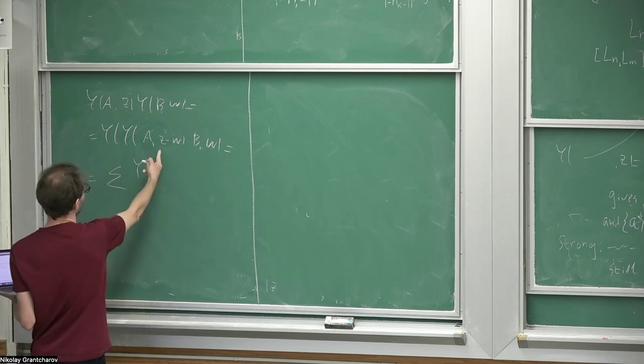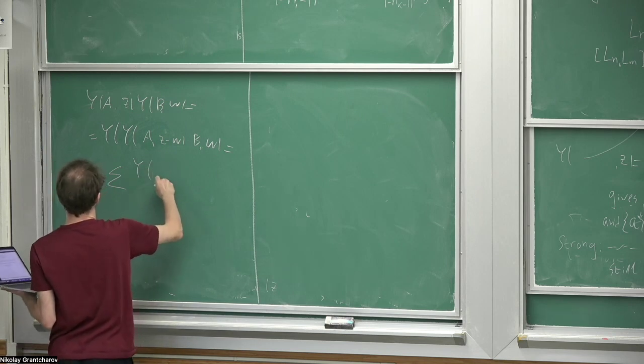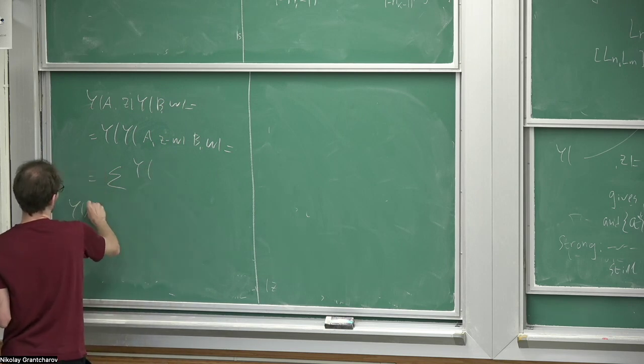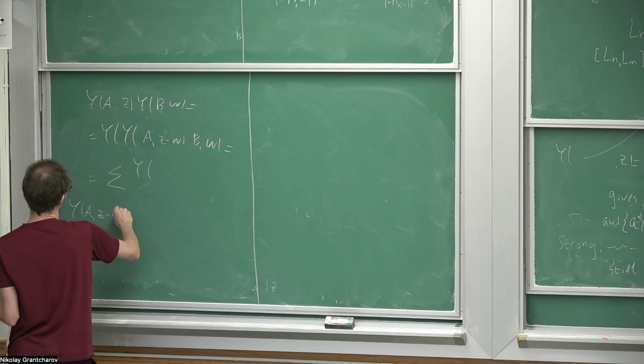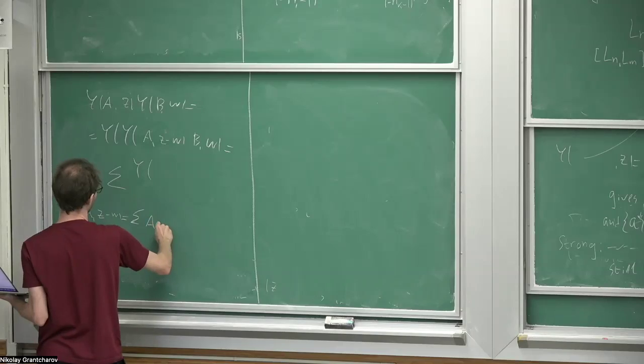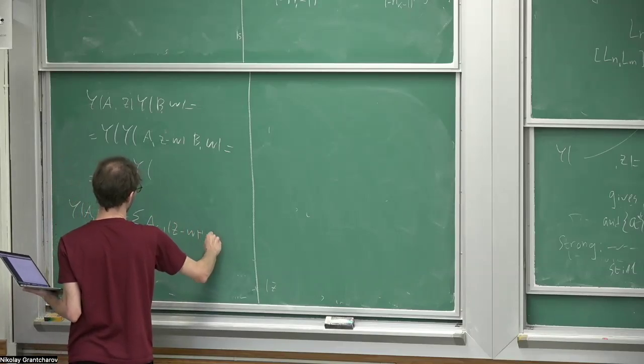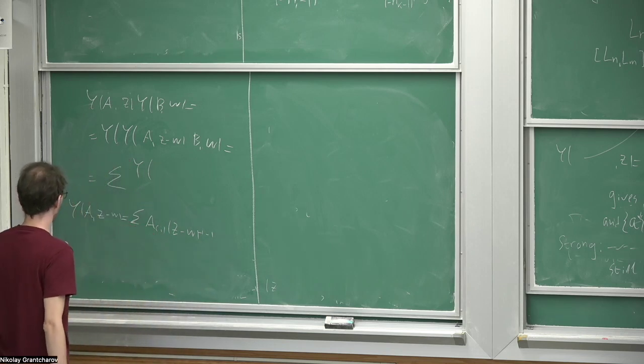So let me expand the inner brackets. Y(a,z-w) is the sum of a_(i) (z minus w)^(-i-1).